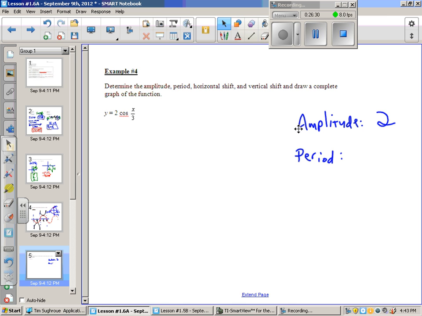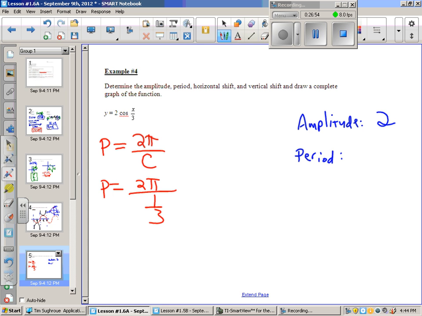What you do need to know is that the period of a sine or cosine function can be found by taking 2 pi over the coefficient of x. It's the coefficient of the argument. It's not the coefficient of the function itself. So in this particular example, it will be 2 pi over 1/3.